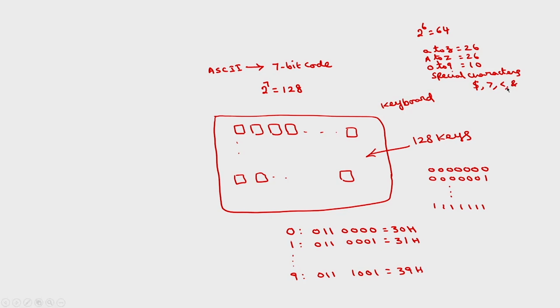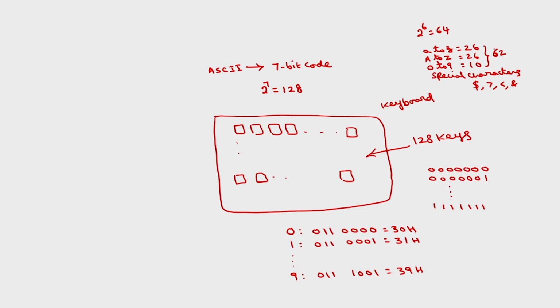If I use only a 6-bit internal code, we can have only 64 different keys. These 3 together make 62, so we can have only 2 special characters.